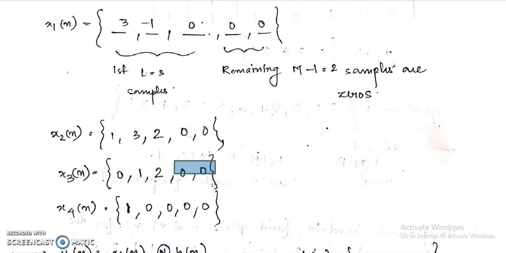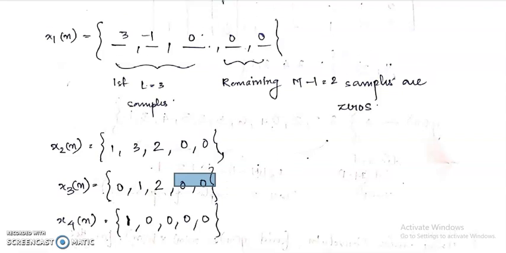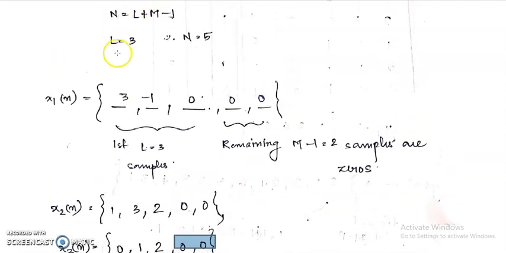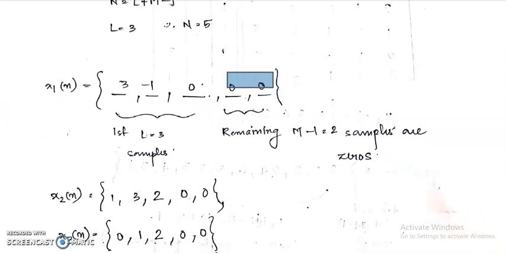So we take a 3 element block and convert it into a 5 element block: each block's remaining positions are filled with 0. So we get the modified block.